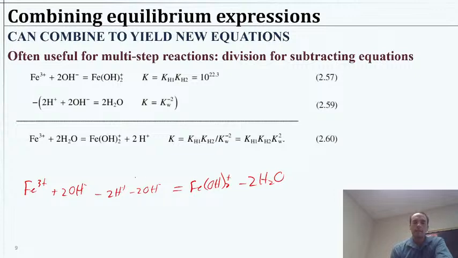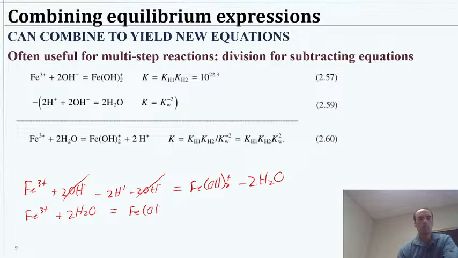So what they've done is they've swapped things around, right? The 2OH minus and the 2OH minus, those will cancel, and we'll be left with the expression they provided, right? If we move the 2H plus to the right and move the 2H2O to the left. Okay, so that's how we get there.